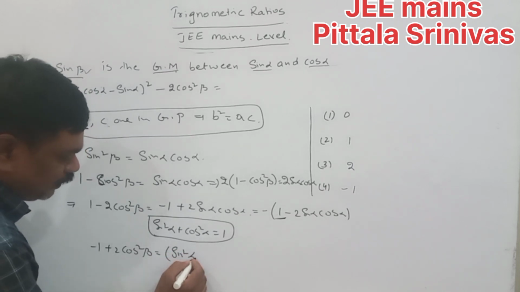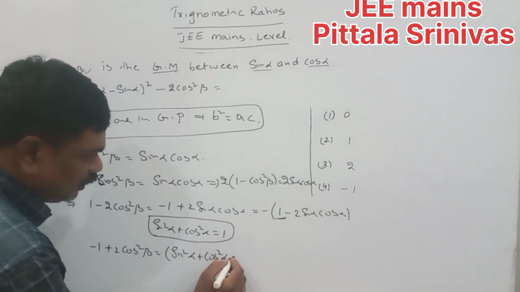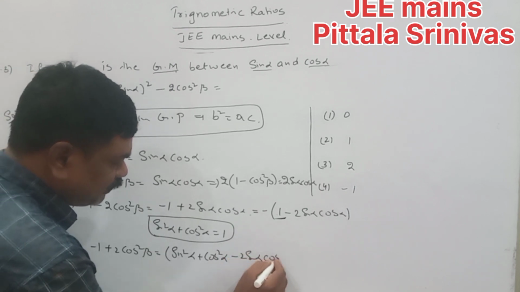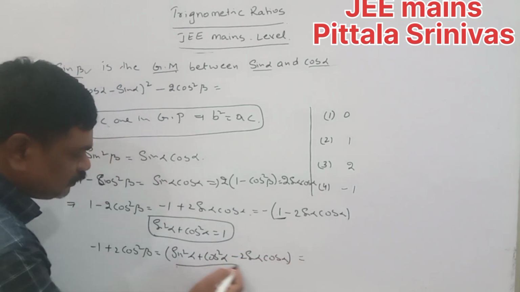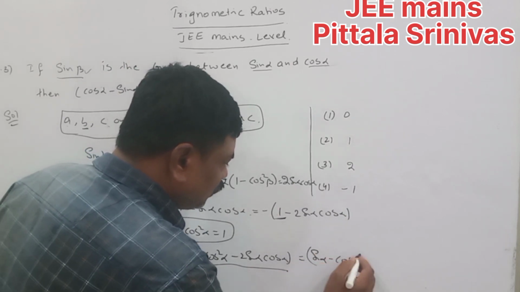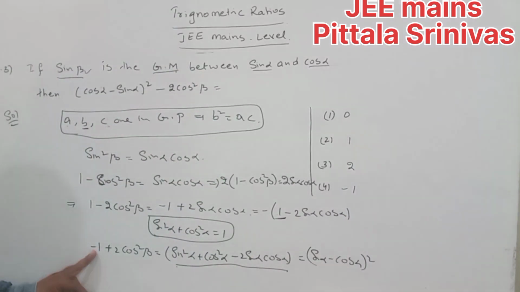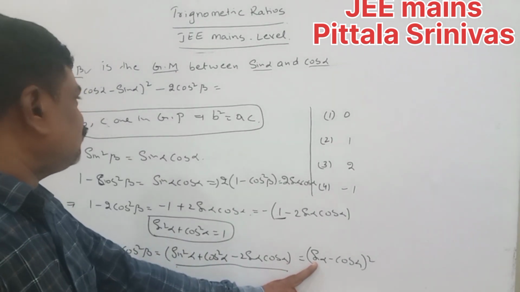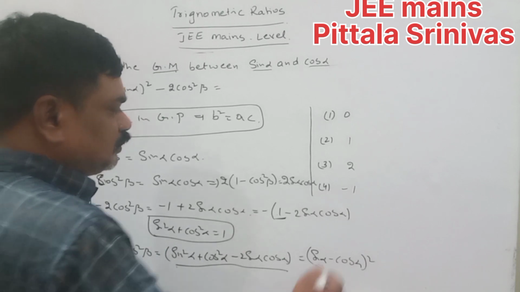Minus 1 plus 2 cos square beta is equal to sin square alpha plus cos square alpha minus 2 sin alpha cos alpha, which is sin alpha minus cos alpha whole square.